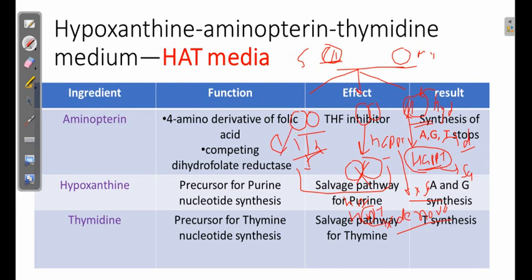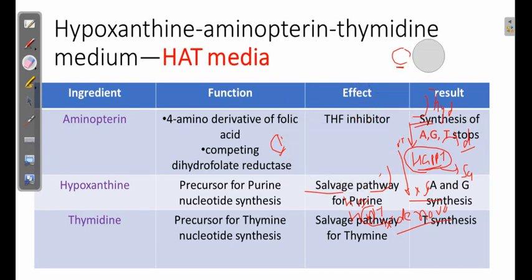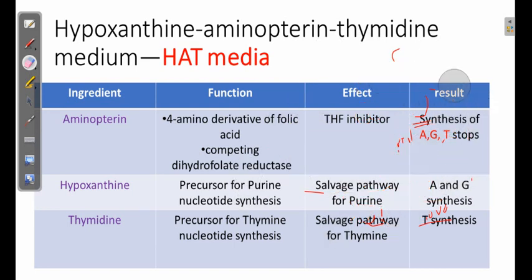Only the spleen cell, the beta cell, is not going to survive because it has a short lifespan. Only the myeloma cell does not survive because it cannot follow either de novo or salvage pathway. The only cell which has the ability to survive is the one with the proper fusion, having the beta cell as well as the myeloma cell. They are the only ones going to divide.